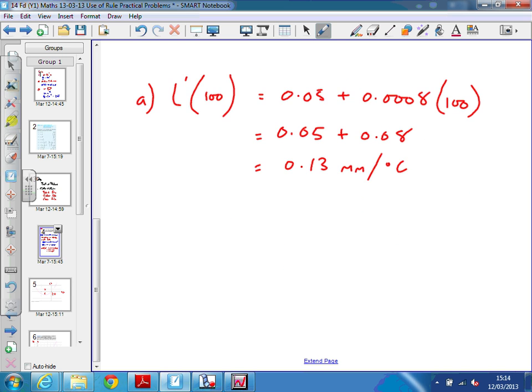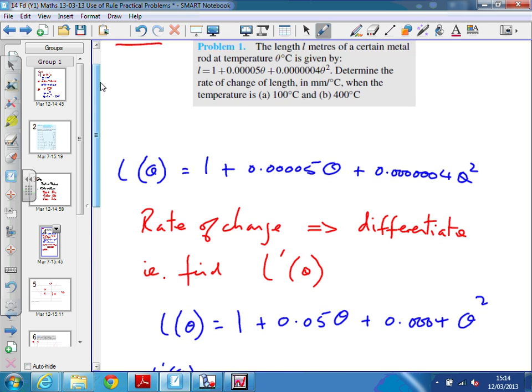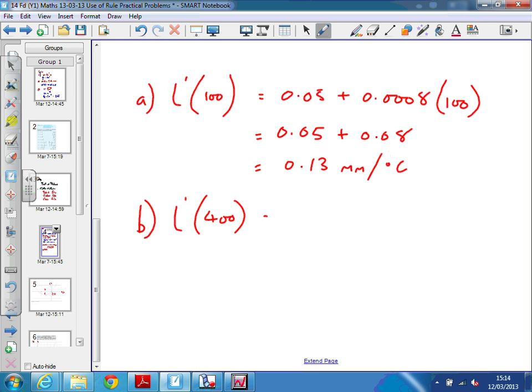What about B? Work out the rate of change of length rather when the temperature is 400, which is what it was for part B if we look back, okay? What's that going to be? 0.05 plus 0.308 times 400, which turns out to be, is it?